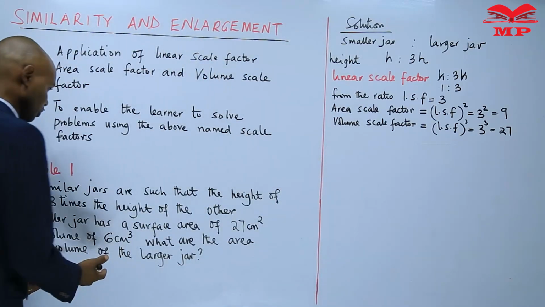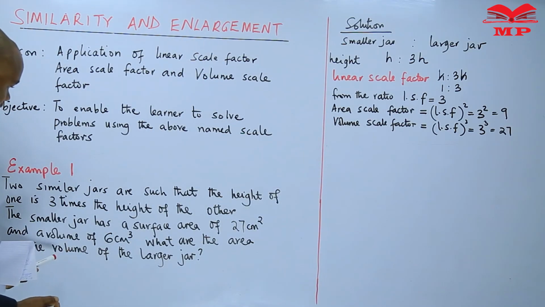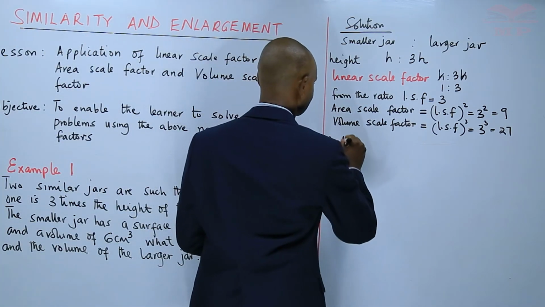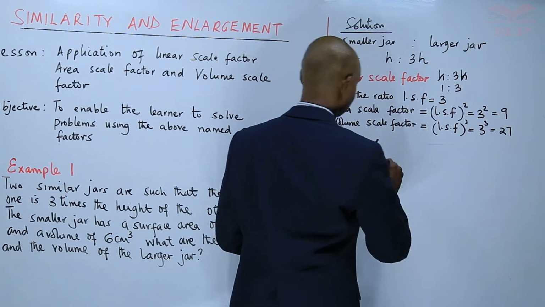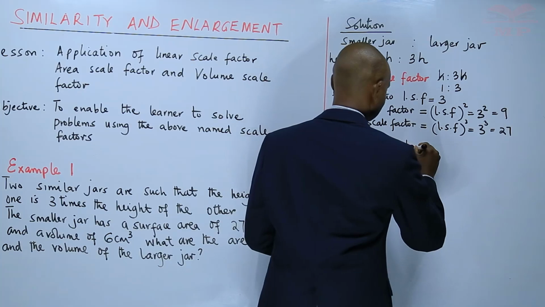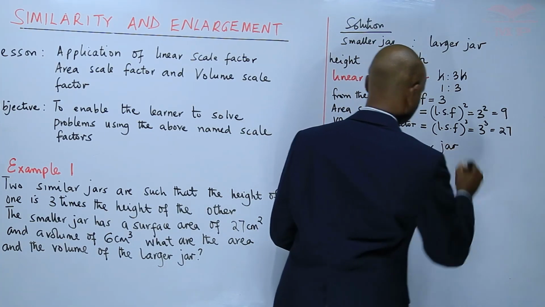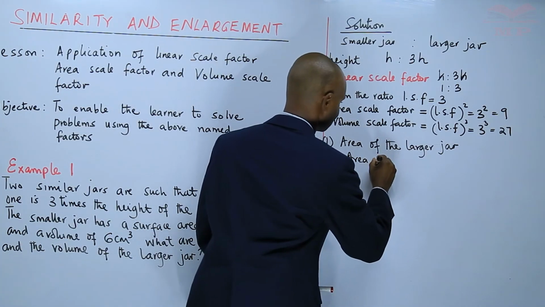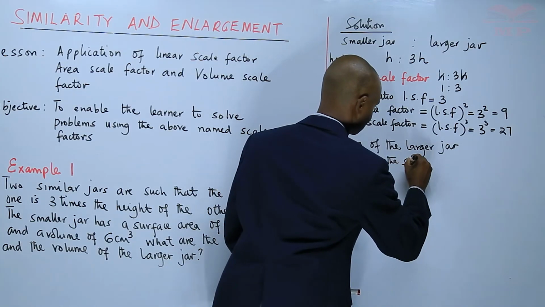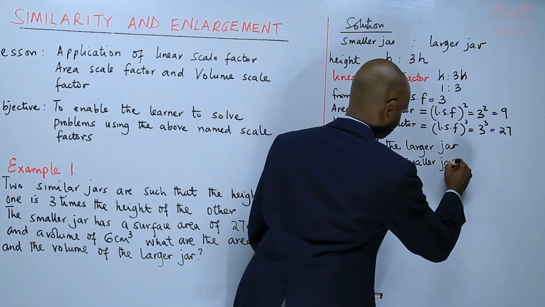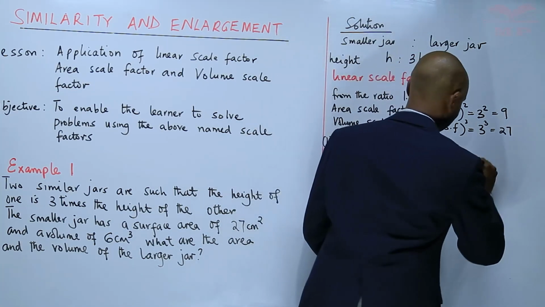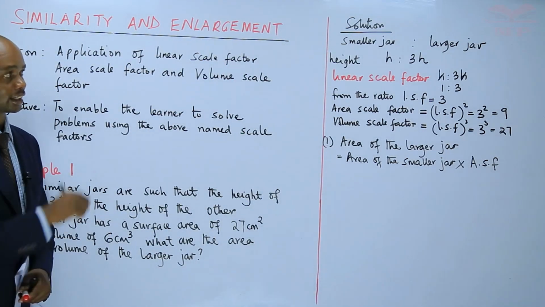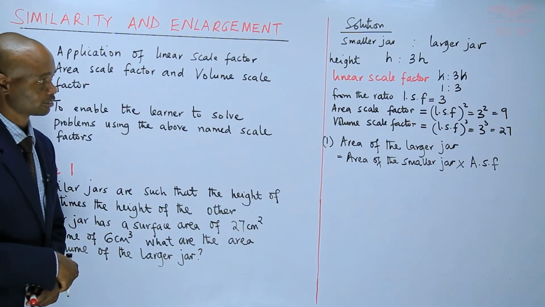So you go to what they have asked you. What are the area and volume? The area of the larger jar will be given by the area of the smaller jar multiplied by the area scale factor, which I've got from that.